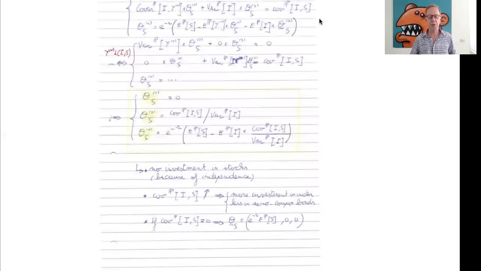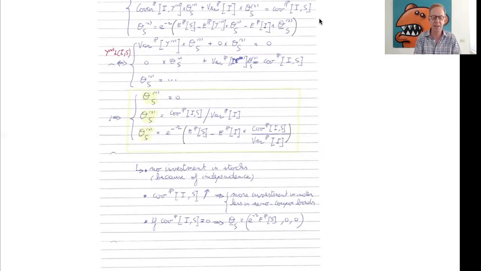Now, let us have a look at a particular case, a theoretical case, which will not be realized in practice, that the covariance between I and S is 0 because, for instance, I and S are independent. So let's say the survival in the insurance portfolio and in the national population, they are in a separate country and the survival is independent. In reality, this will never be the case, but let us have a look at this theoretical case.